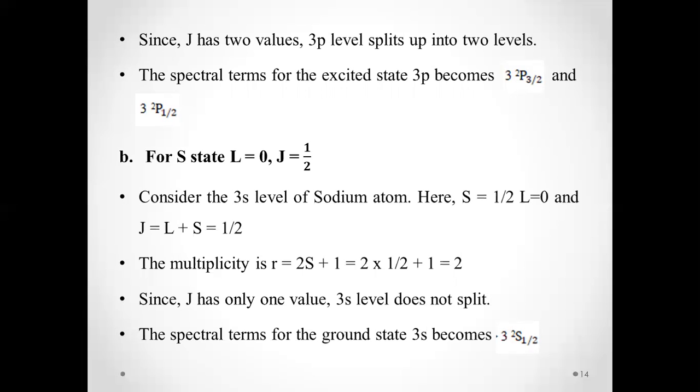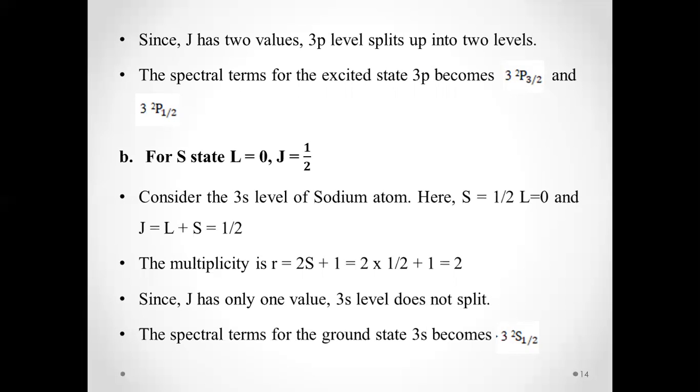Next, for the S state, L is equal to 0 and J is equal to plus 1/2. To explain this, consider the 3s level of the sodium atom. Here, S is equal to 1/2, L is equal to 0, and hence J is equal to L plus S, which is equal to 1/2.